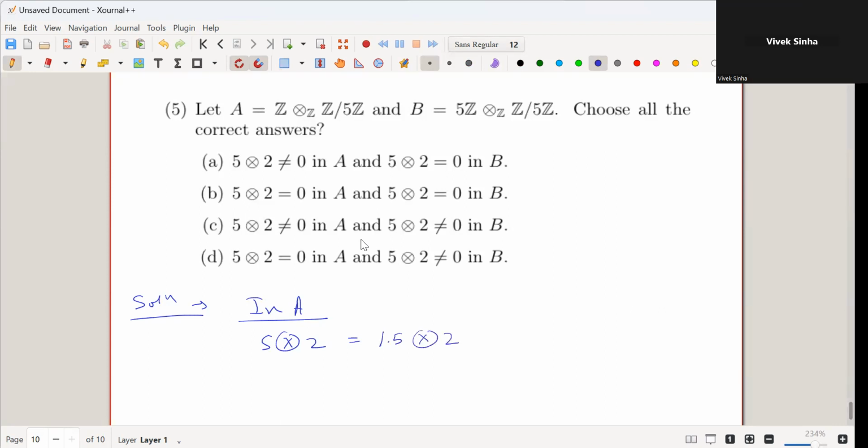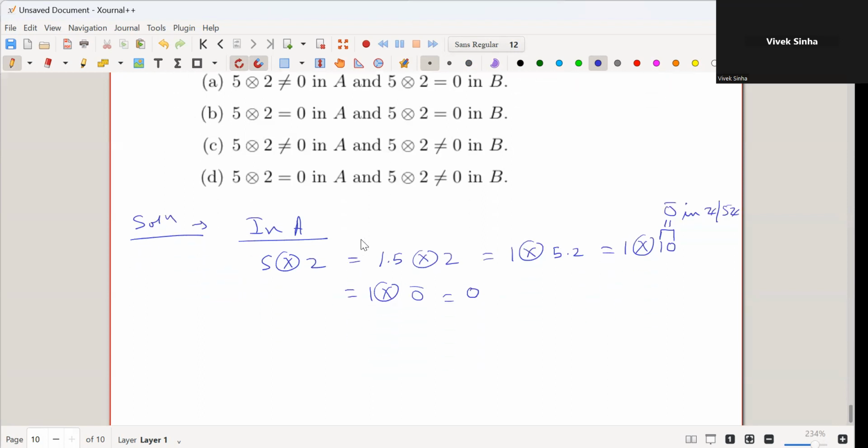This 5 can be moved here: 1 tensor with 5.2. So this is 1 tensor with 10, and that is 0 bar in Z modulo 5Z. So this is nothing but 1 tensor with 0 bar, and that is 0. So it is 0 in A, but let's see what happens in B.